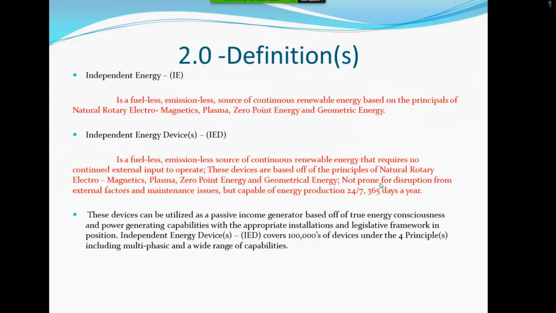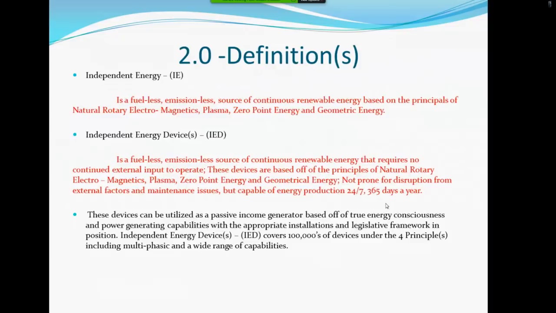So it makes it very, very difficult for them to even legislate on it without getting dinged for copyright infringement and plagiarism. And because of the international trade agreements and whatnot, it makes it difficult for other countries as well. Independent energy can be utilized, it's more Illuminate the Way and everything like that. So let's continue. I'll explain that later.